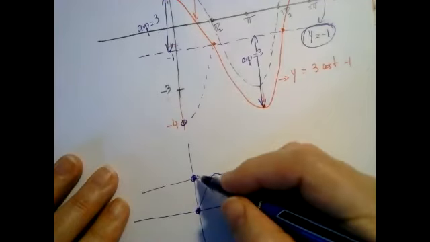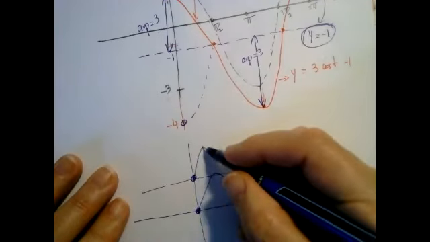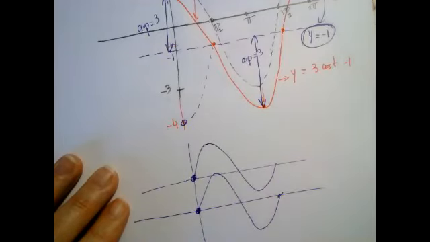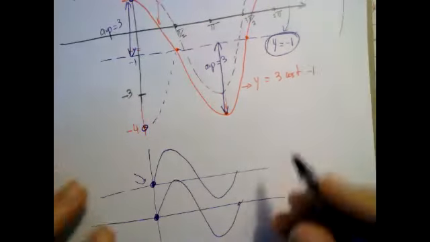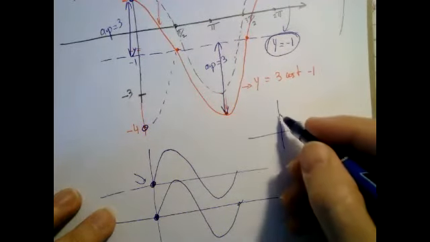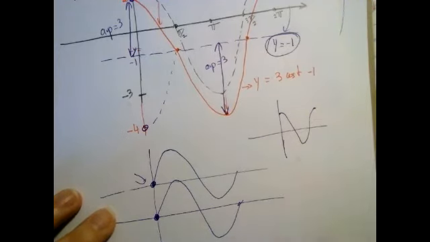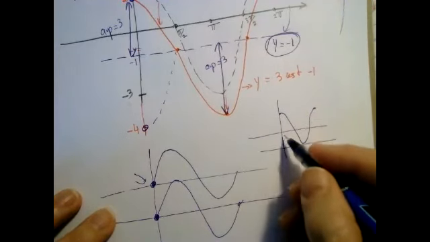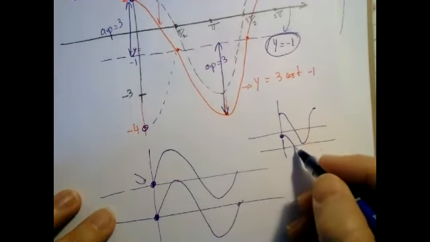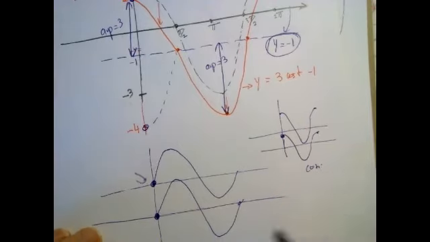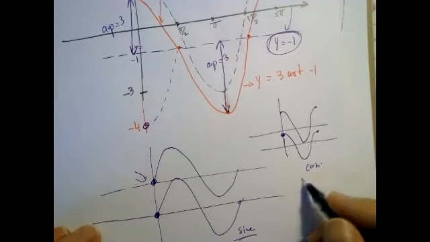So when you shift it, it's always going to start at the midline. That's the sine. Always starts at the midline. The cosine is like that. So when you shift it, whether you shift it up or down, it's always going to start at the max and then go back. So this is the cosine behavior, and this is the sine behavior.